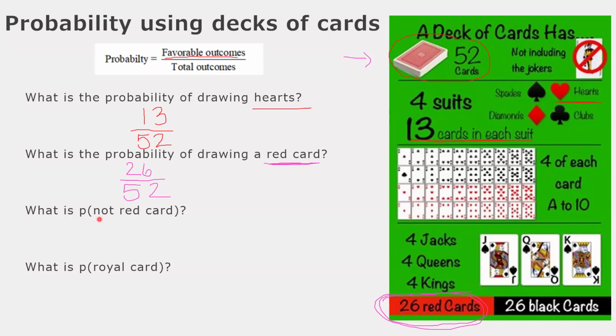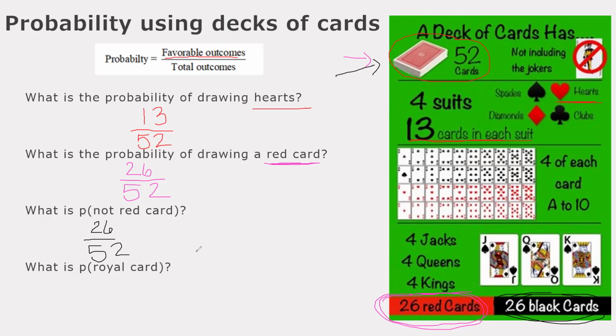So if it's not red, then we really want the probability of those that aren't red, which would be the spades and the clubs, the black cards. Well, there are 26 cards that are not red out of the total of 52 cards.